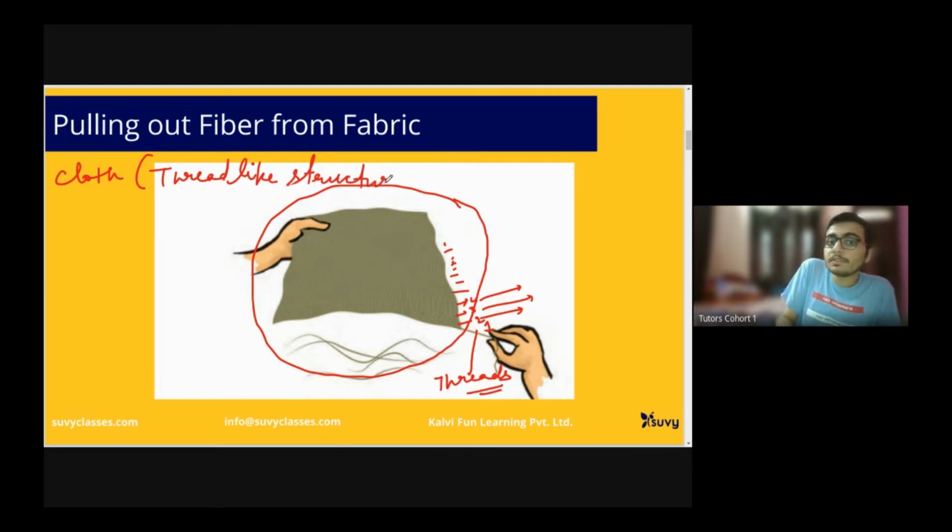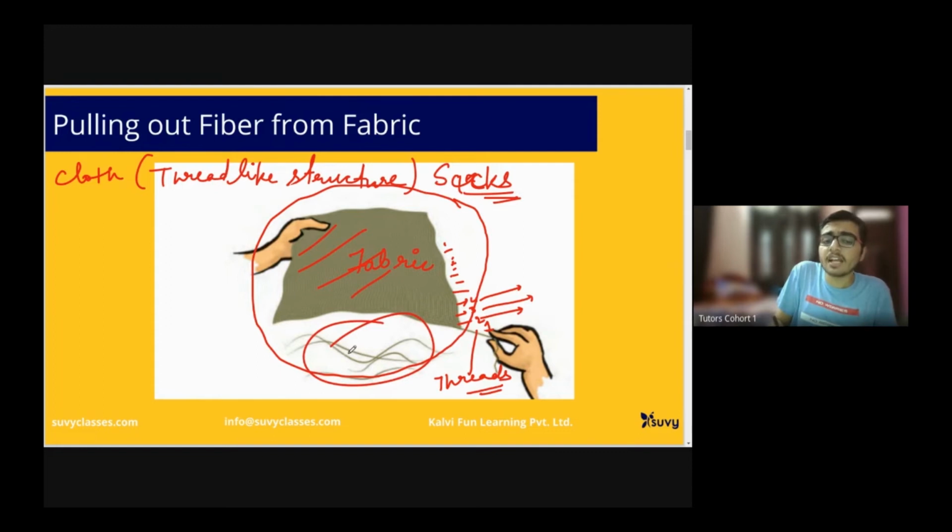You can observe this in sacks. When you pull out one thread, another one gets ready to come out. This proves that this cloth is nothing but fabric, and these thread-like structures can be called fibers. So I can say that fabric is made up of fibers.